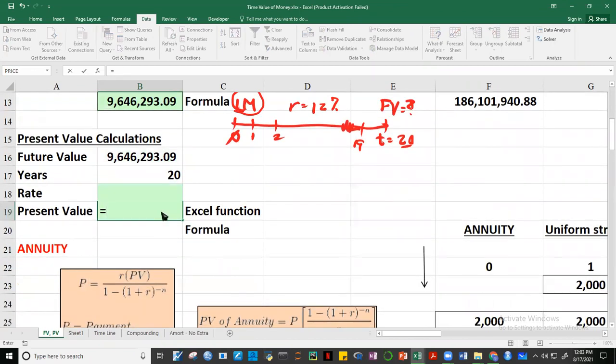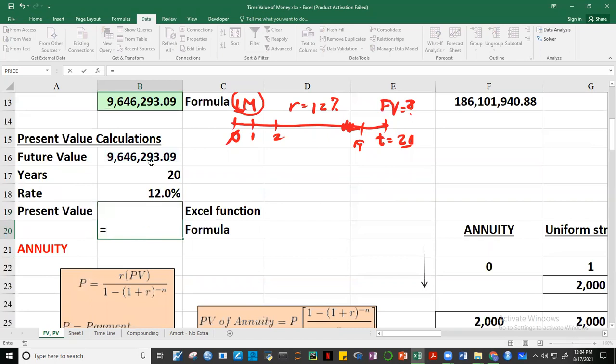So therefore, this is equal to the future value multiplied by 1 plus the interest rate, B18, and then raised to the negative t, guys, no? So we get 1 million.